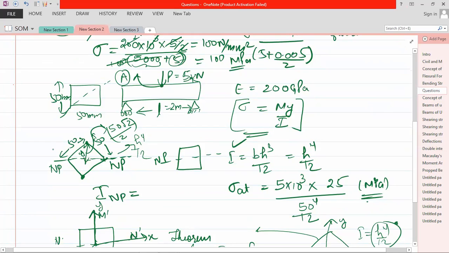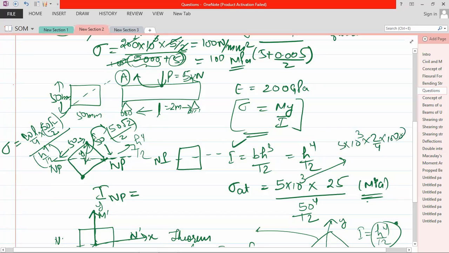Now if you write sigma, then it would be M, that is wl by 4, wl by 4 into 50 root 2 by 2 upon h to the power 4 by 12. Okay, here there is a misconception. This is 50 into 10 to the power 3 into 2 by 4 into 1000.